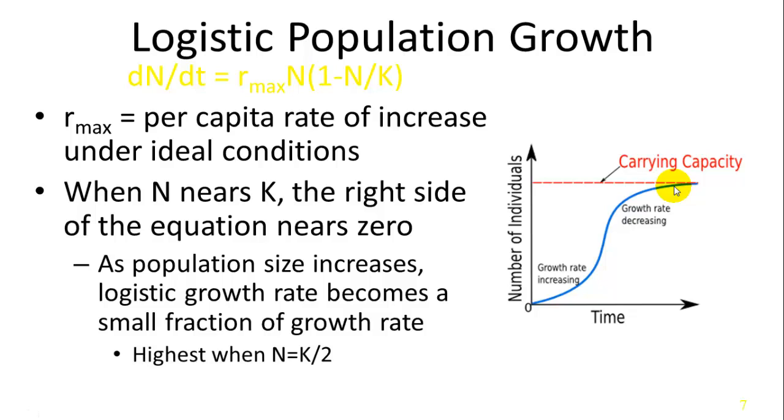The highest rate of growth is at K divided by 2, so in this area you have exponential growth occurring. And N divided by K is called the environmental resistance. As you get closer to carrying capacity, you are going to have a higher environmental resistance.